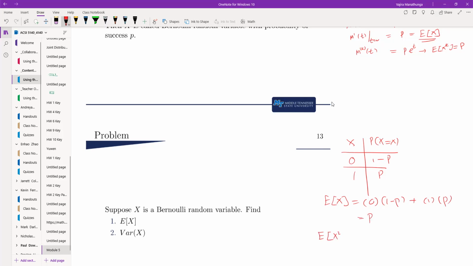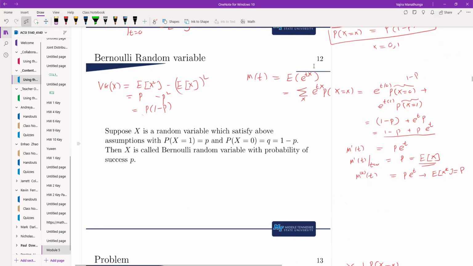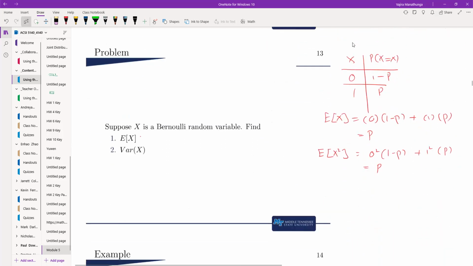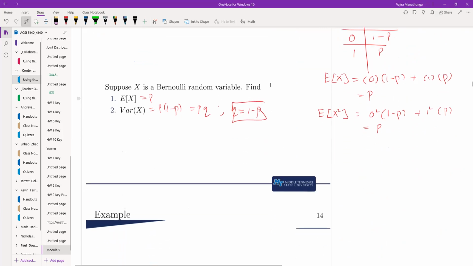The second moment is 0 squared times 1 minus p plus 1 squared times p, which is p. Then you use the same approach to get the variance, p times 1 minus p. So E[X] is p, and the variance is p times 1 minus p. Sometimes you will see that as p times q, where q is 1 minus p. Some textbooks use the notation q to denote 1 minus p.